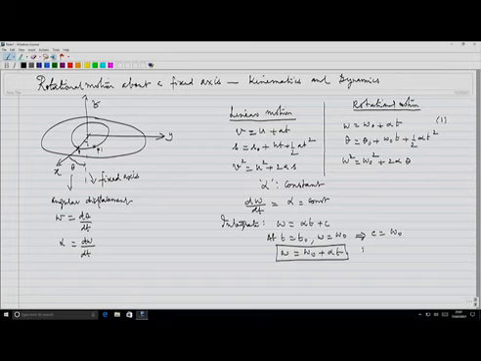I will write here. From this I will make use of it later, t is omega minus omega naught by alpha. Now I will integrate again.